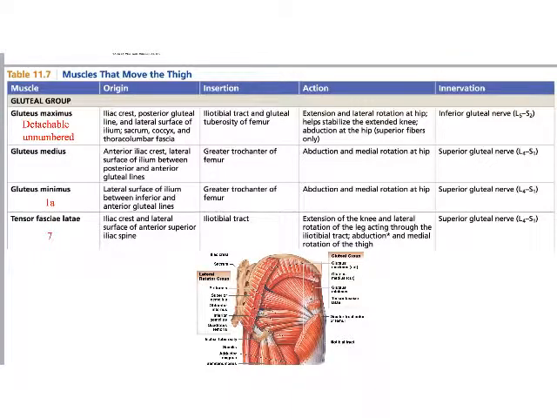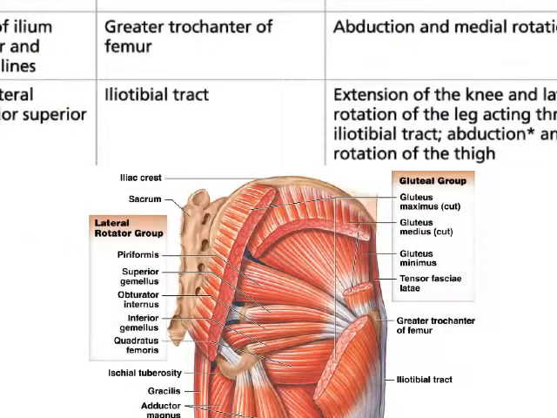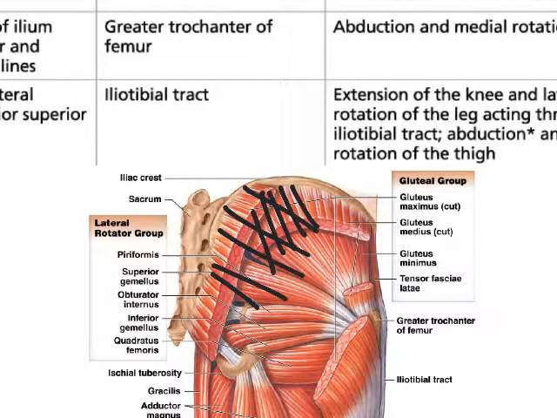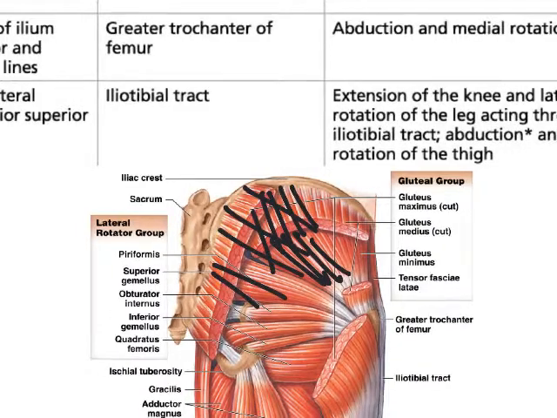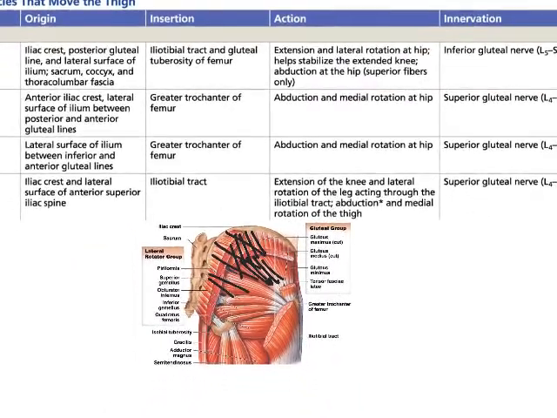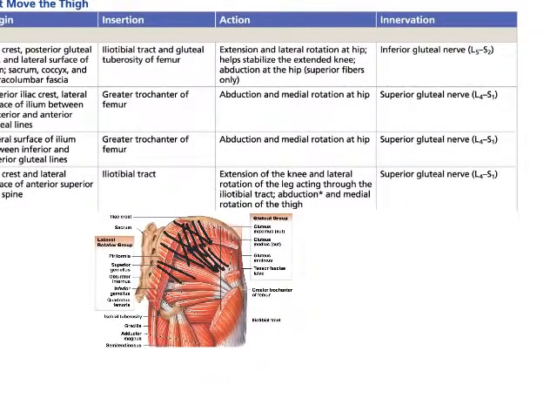Notice that its fibers tend to run in this direction, versus gluteus medius tends to run in this direction, and minimus tends to be in between. So that direction of the fibers also helps determine the type of movement that it makes.